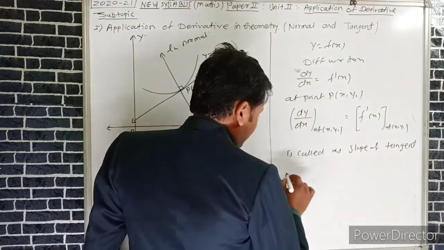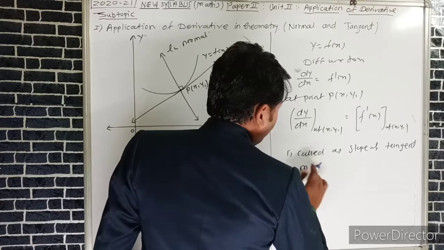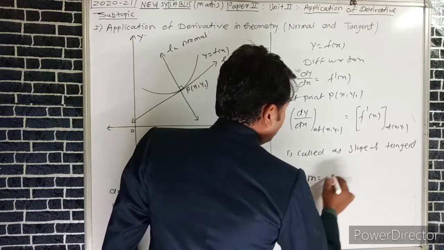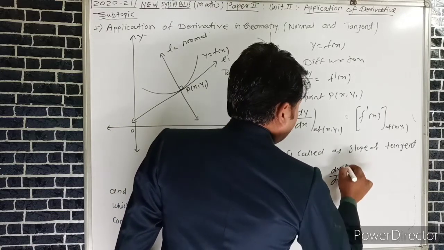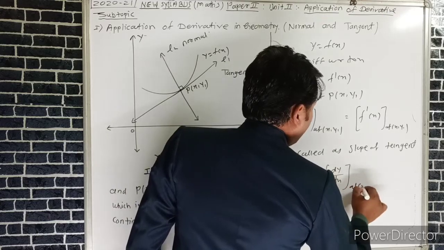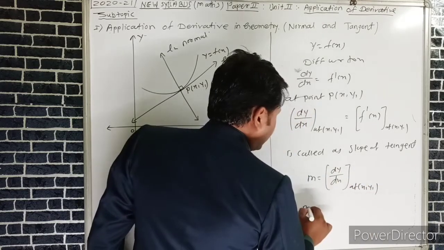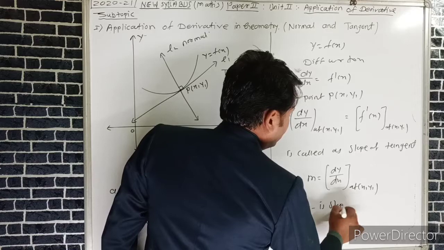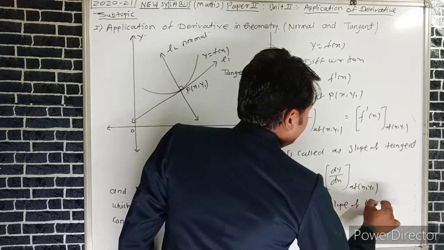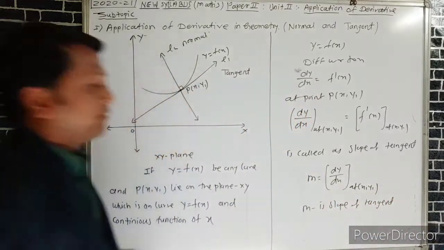It means that if m is the slope, m equals dy upon dx at (x1, y1). Here m is the slope of tangent.